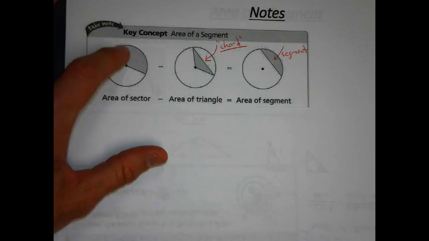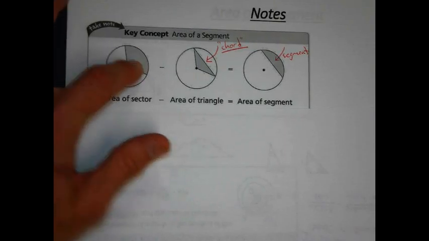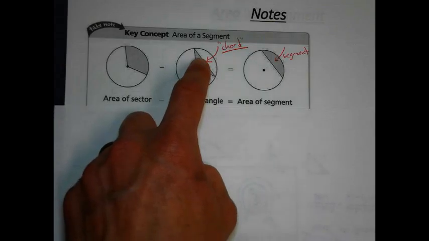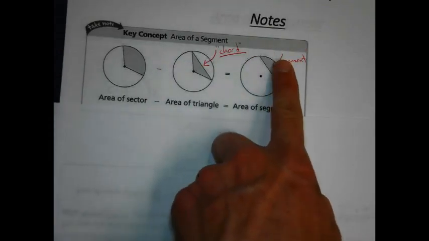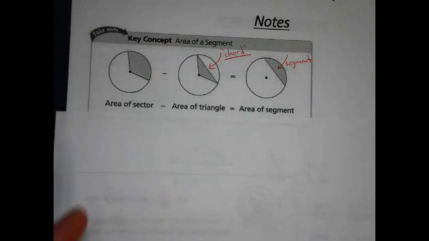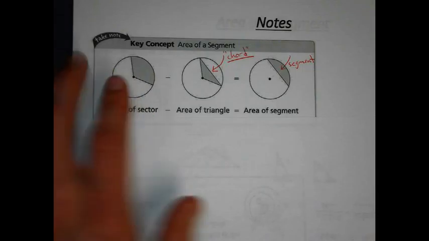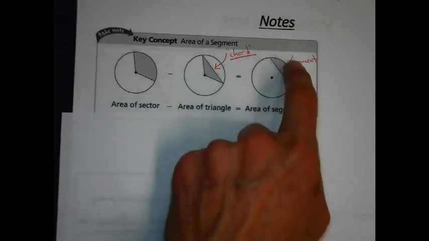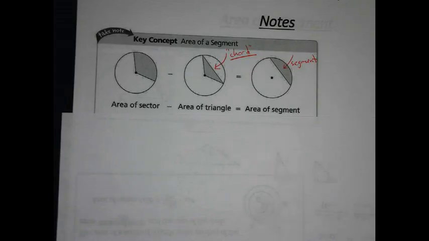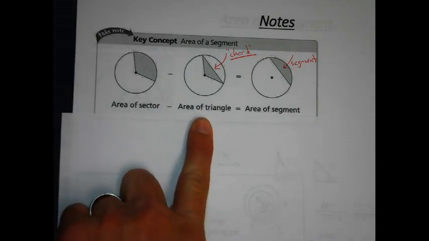The area of a sector as a whole is made up of the area of this triangle, and we'll talk about that briefly, and the area of this segment. So if we put this segment with this triangle, we get this sector. And so we can use that addition postulate backwards with subtraction, and we can find the area of segments. But the challenge is we have this triangle.